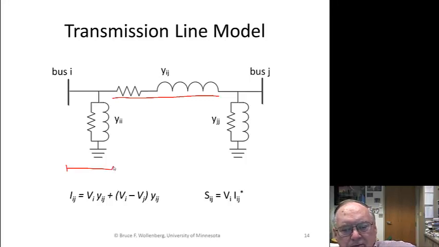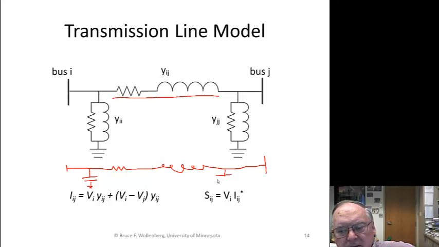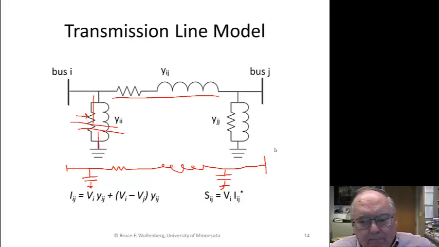Here's the same transmission line, but most of the time we just do this with a capacitor at each end, representing the capacitive charging of the line, and this just represents ground. Very seldom do you have the G to ground to cover anything, so we can write it like this.